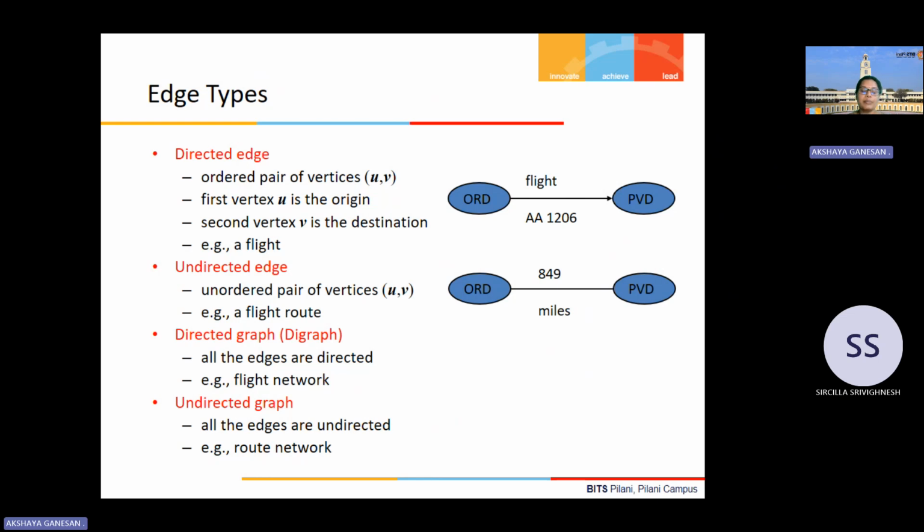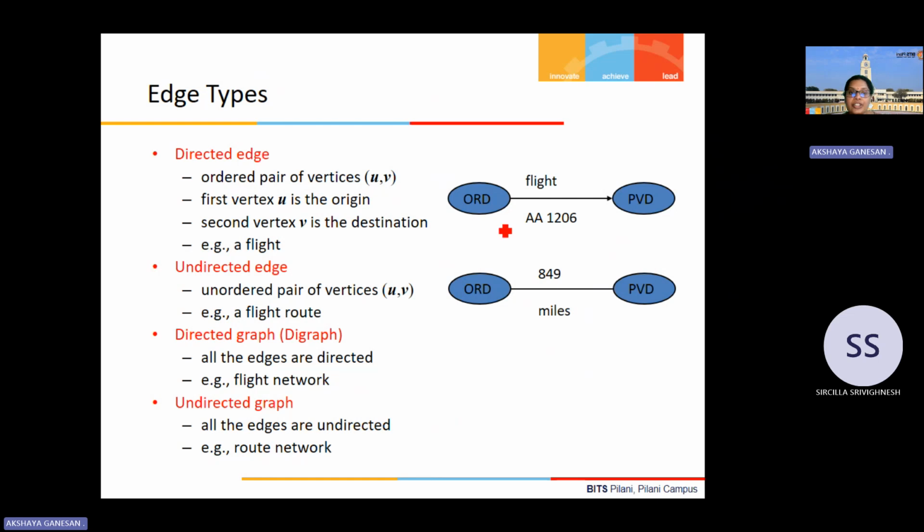Now let's look at some of the nomenclature. As I told you earlier, the edge can have direction. It can indicate whether it is from one place to the other, or it is undirected, that is, it is mapping to both sides.